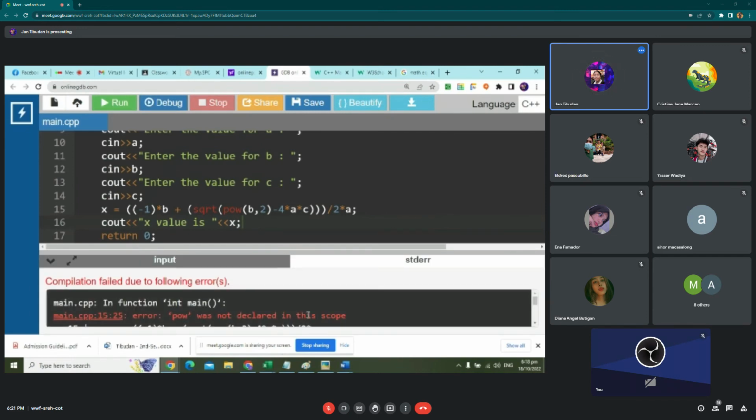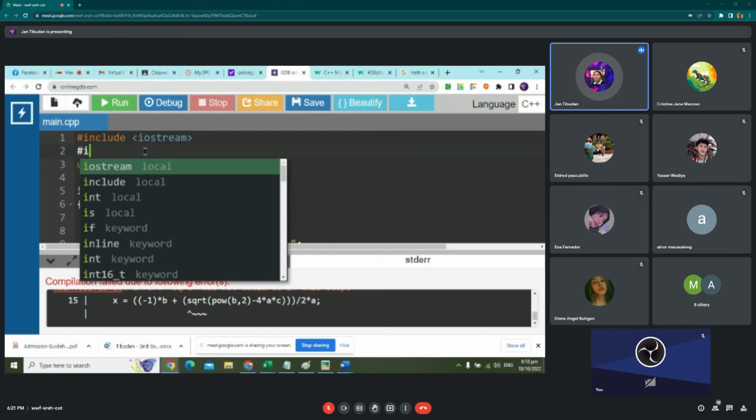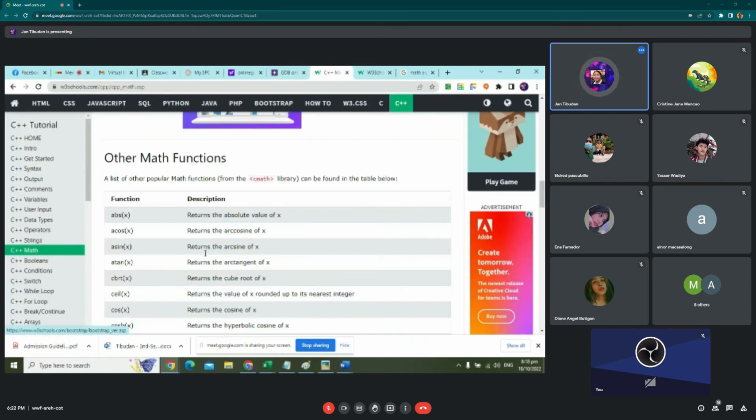Okay. So, karon tanawa class, ningon siya og POW. Wa siya nakaila og POW. Wa siya nakaila og square root. Because wala nato i-declare diri sa taas class. So, kinahanglan pa nato i-declare si C Math. Okay? So, C Math function ni sila.